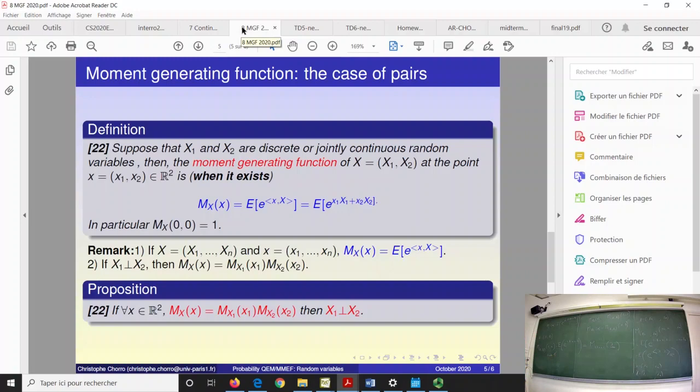What is the definition of this one? If I am in the discrete case, I can define M of (X1, X2) at the point (t, s) as the expectation of a function of a pair of random variables, so I write it as a double sum.